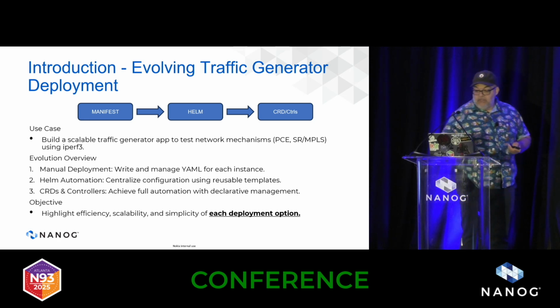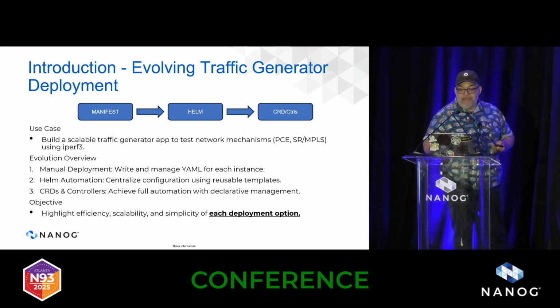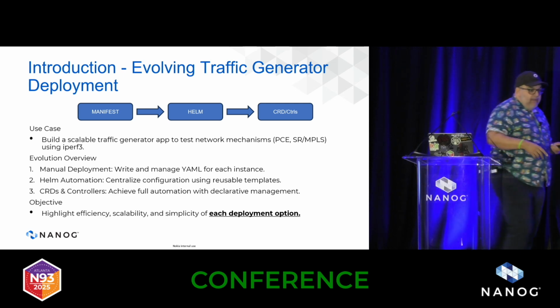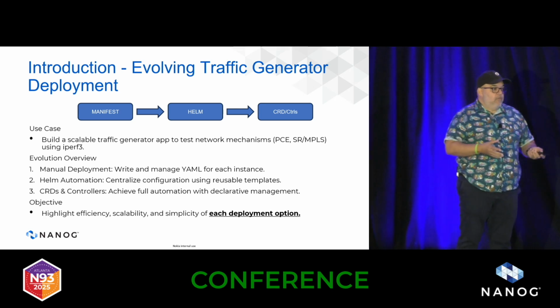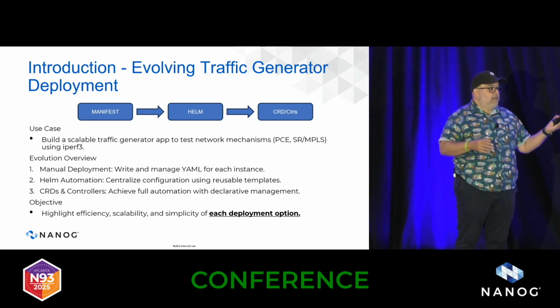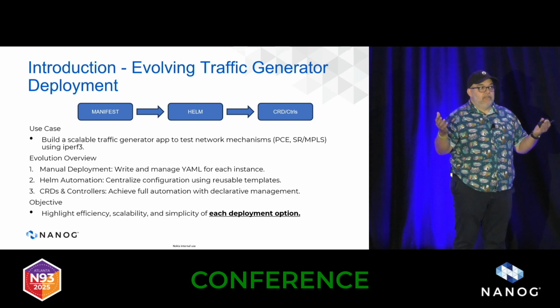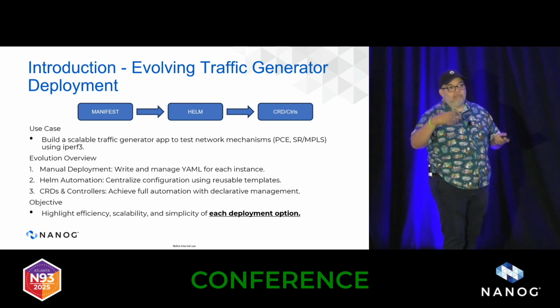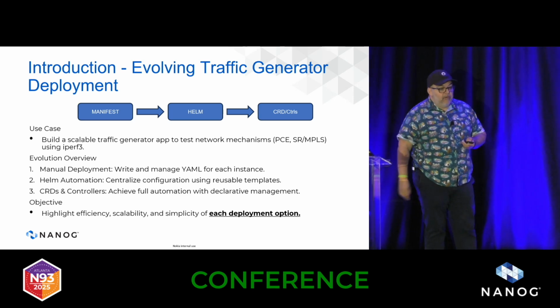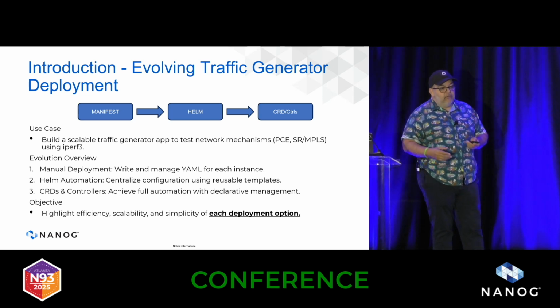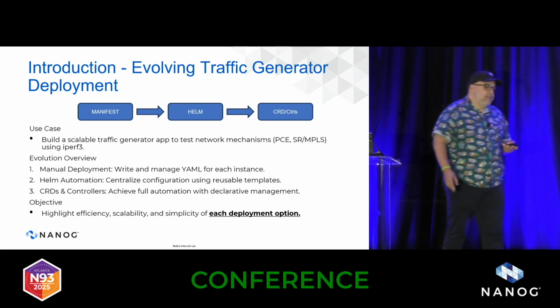The first approach that we're going to take is using a simple manifest. We'll have a manifest in Kubernetes defining a server and a client, and that's it. It's very manual, so it's pretty straightforward. The second part of the evolution is using Helm charts.